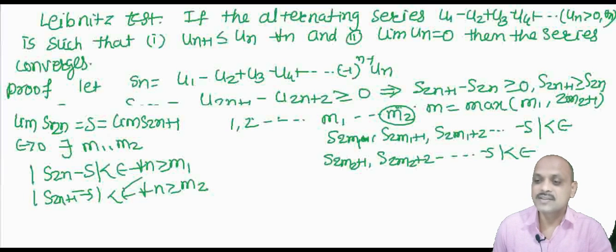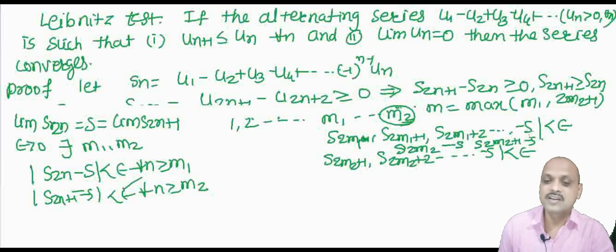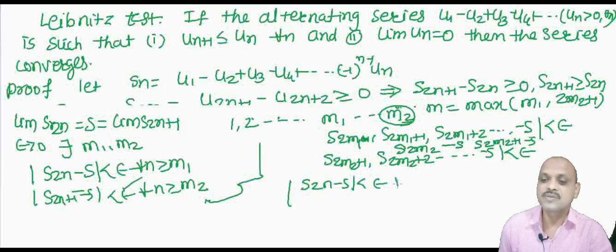You can see that if m2 is the maximum number, then S2m2 minus S is less than epsilon and S2m2+1 minus S is less than epsilon. So we take m equal to the maximum, where both terms satisfy the inequality for all n greater than or equal to m.